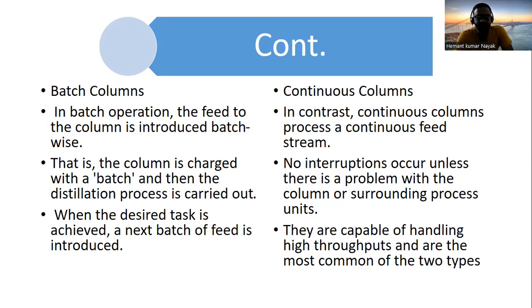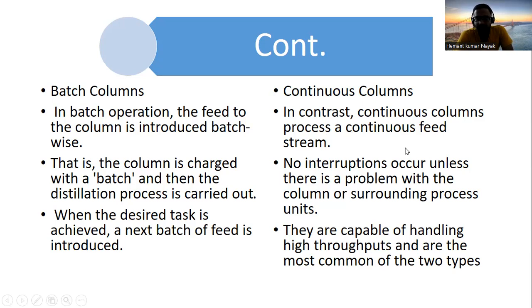This is the batch wise column. In a continuous column, the process is continuous. We can directly feed the same components into the distillation column, and it is a continuous process.